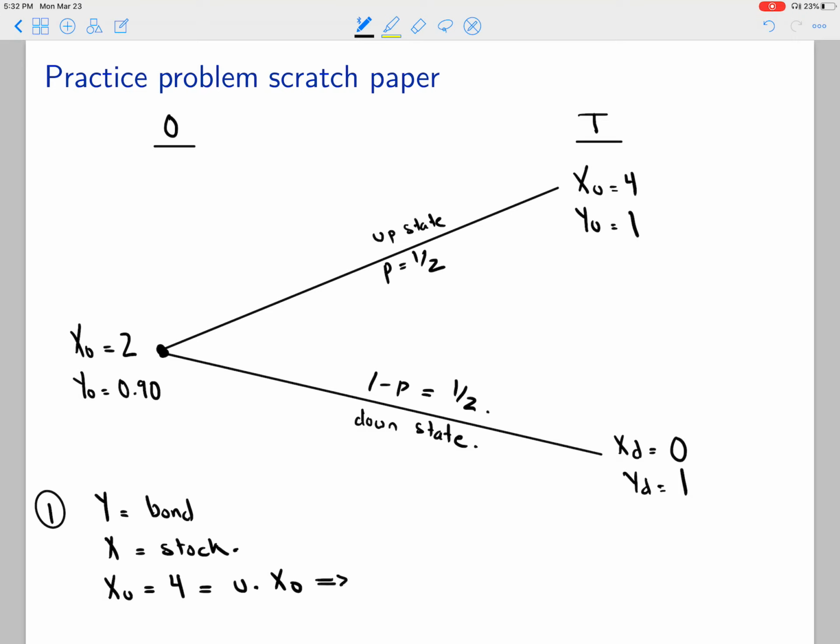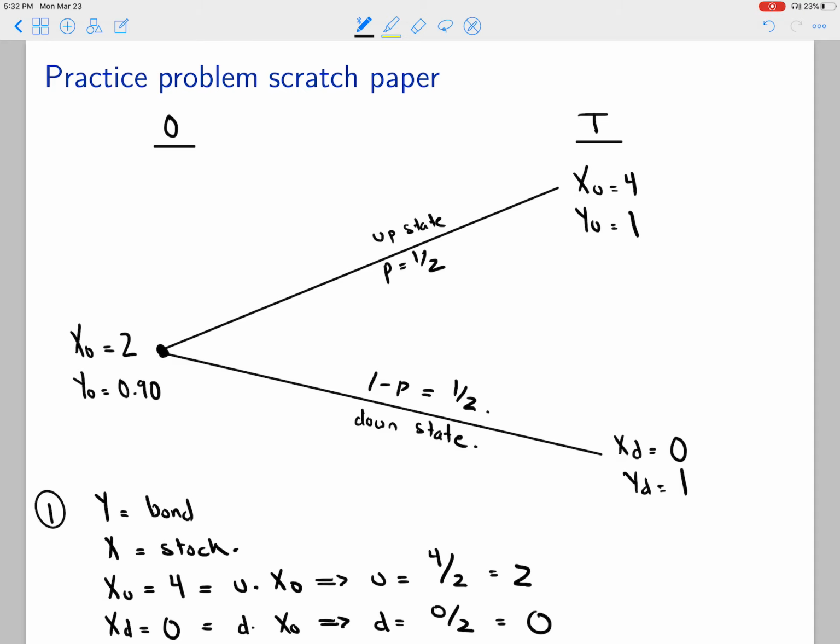This implies that U is equal to X sub U, 4, over X sub 0, 2, which is 2. And in the D state of the world, the payoff of this stock is 0. This is equal to D times X sub 0, which implies that D is equal to 0 over 2, which is 0. These are gross rates of return. If we want the net rate of return, we just subtract 1 from them.